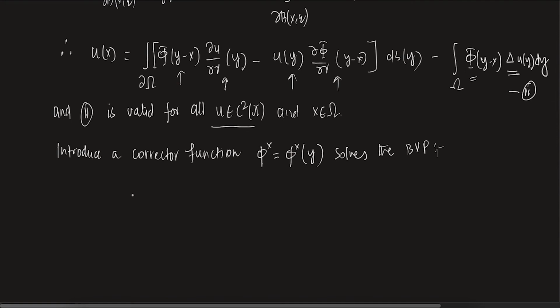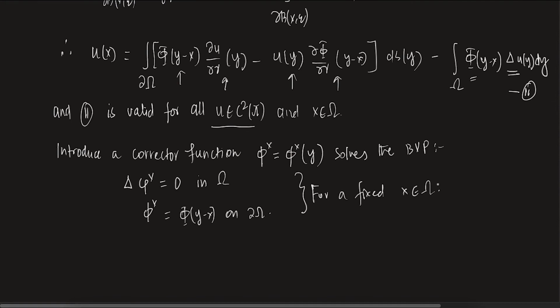How does it solve? Laplacian of phi x equals 0 in omega, and phi x is equal to phi of y minus x on the boundary. So what we are going to do is this for a fixed x in omega.